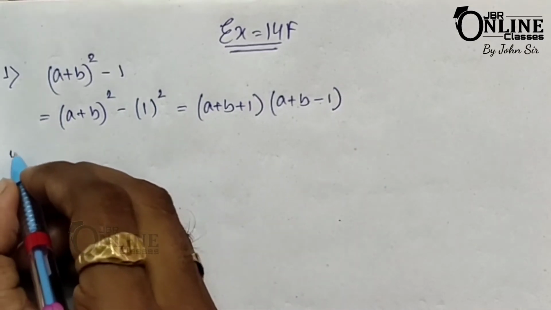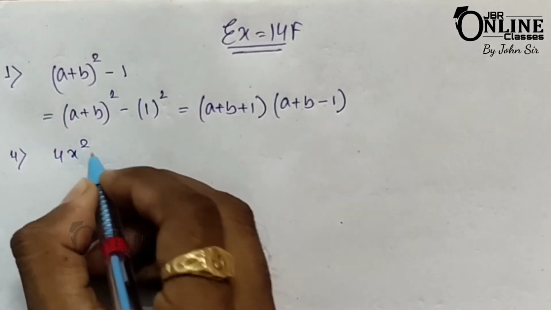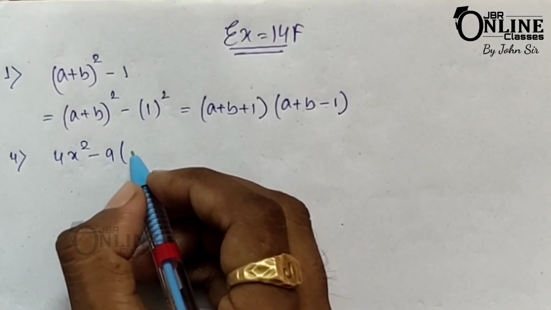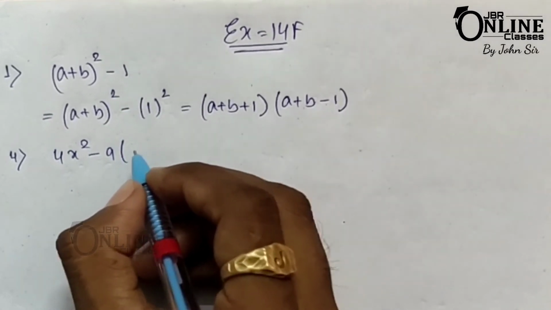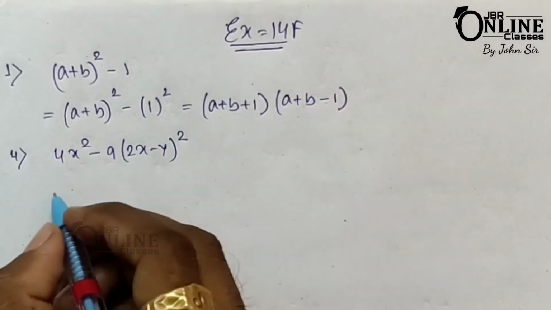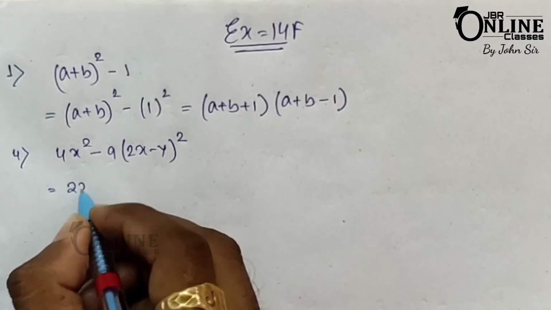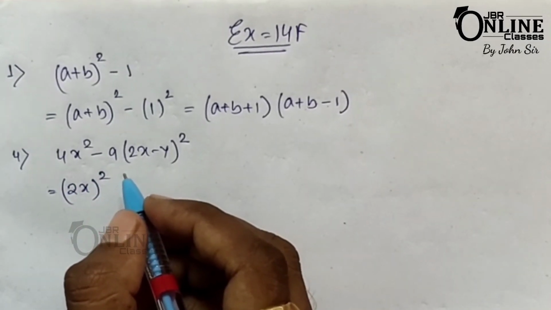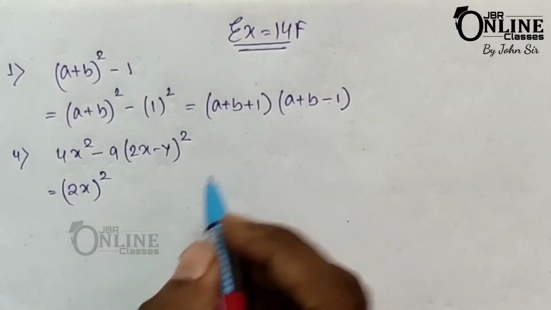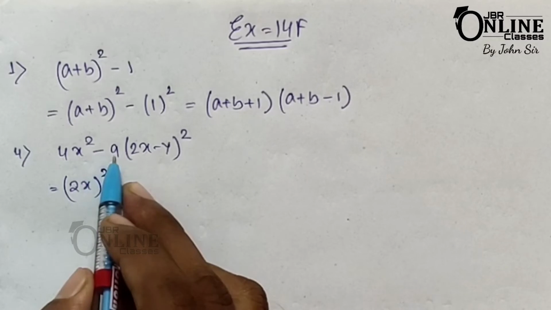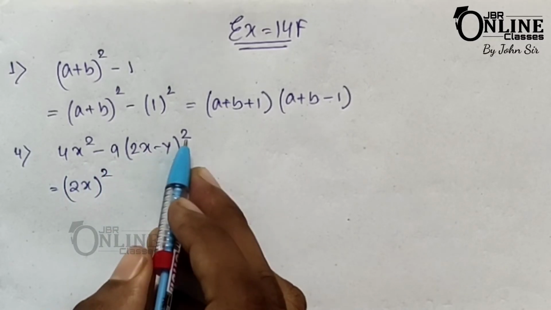Now sum number 4. In sum number 4, 4x square minus 9 into 2x minus y whole square.